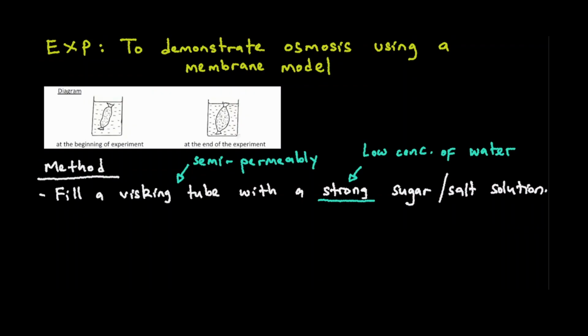Then on our method, secondly, the whisking tube is washed thoroughly with distilled water, dried, and then weighed.